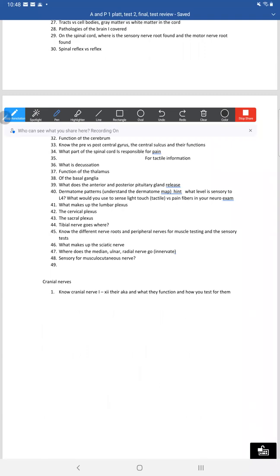Okay, then on that handout, you would want to go over the nerve root like C6 and what is the peripheral nerve associated with C6.